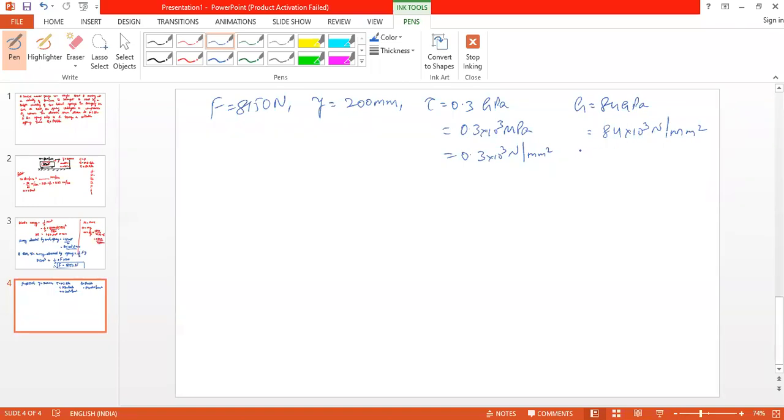And the index C is 8. So now we have all the data to design the spring.